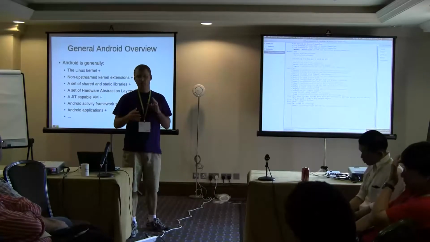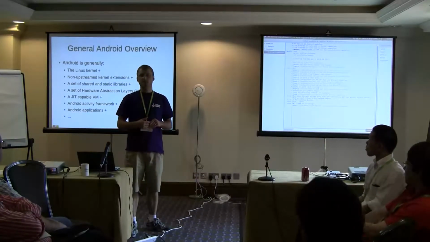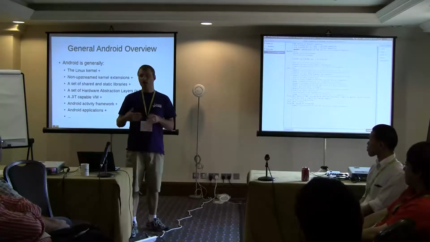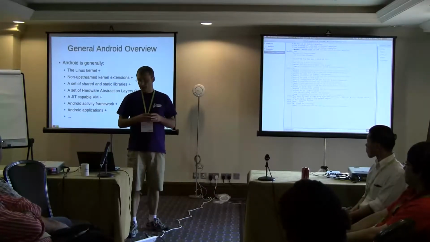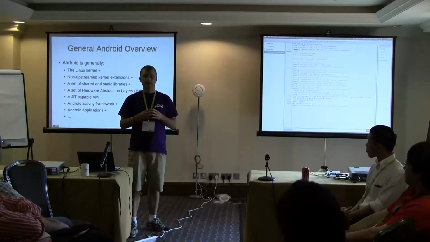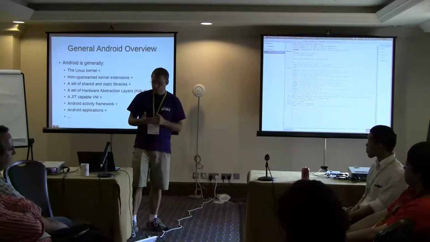Standard from a functionality perspective, but not necessarily the standard upstream libraries. You have a set of hardware abstraction layers that the Android framework actually relies on to represent the hardware.